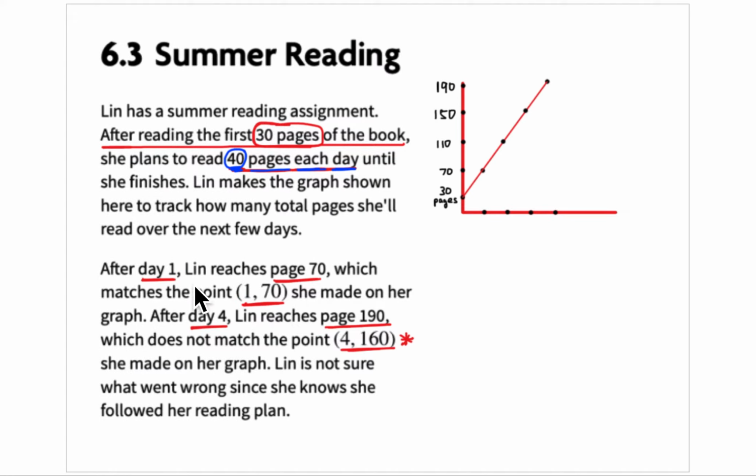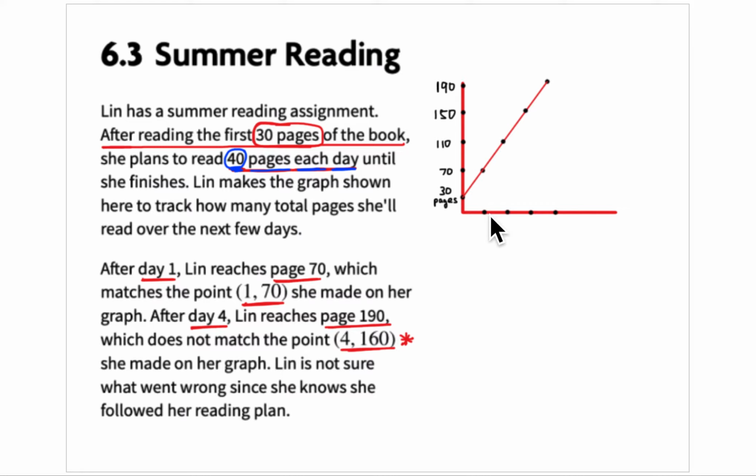Now, what I did is I took this information down here and I just did a rough draft of the graph. This is what she actually did. And this is a good thing to do, just to practice: how well are you able to put together these graphs? How much are you starting to understand how to deal with this information as an equation and as a graph? So after one day, first of all, she started at 30 pages.